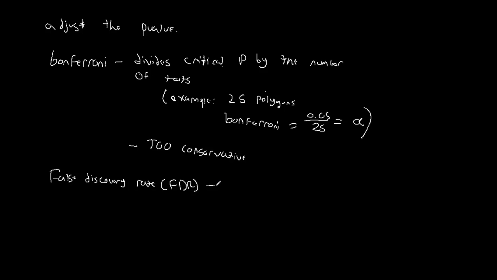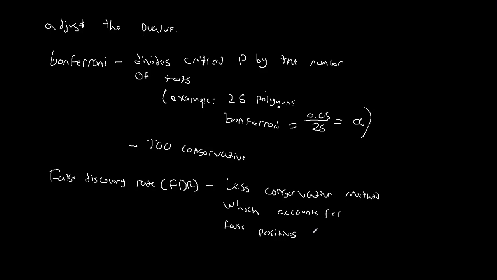But the idea is that this is a less conservative method which accounts for false positives. And again, a false positive is when you do something and you shouldn't have done it. That's a false positive.